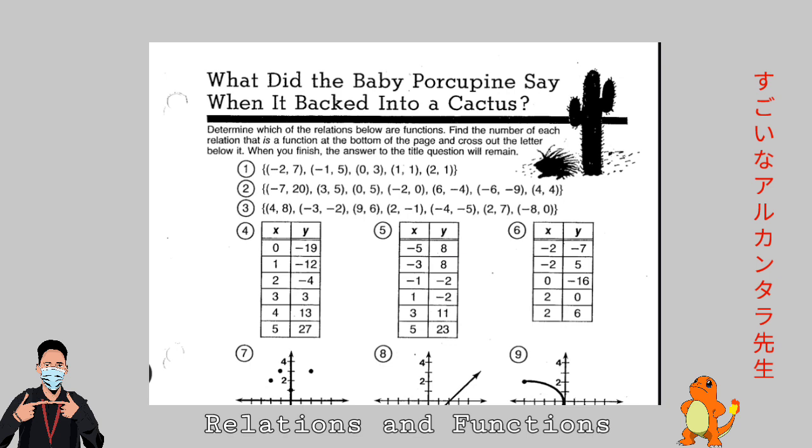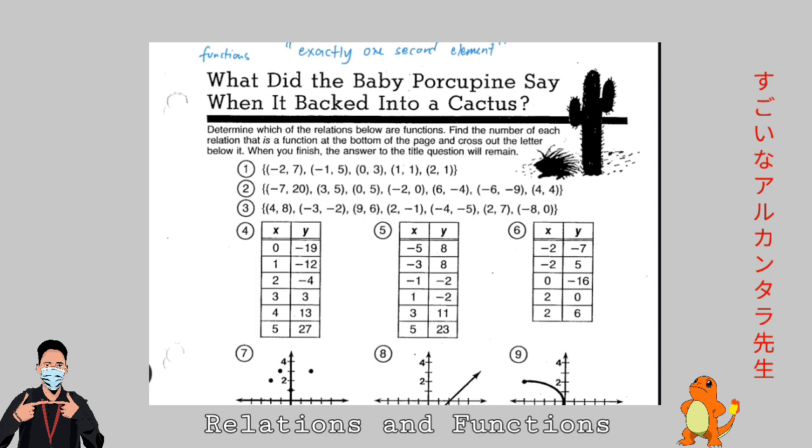We're going to make use of what we have been talking about earlier, which is that functions correspond to exactly 1 second element. This is going to be our guide in this specific concept. Exactly 1 second element. So let's start with our first item.